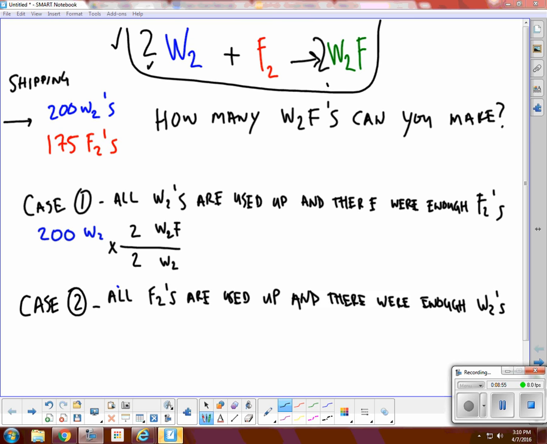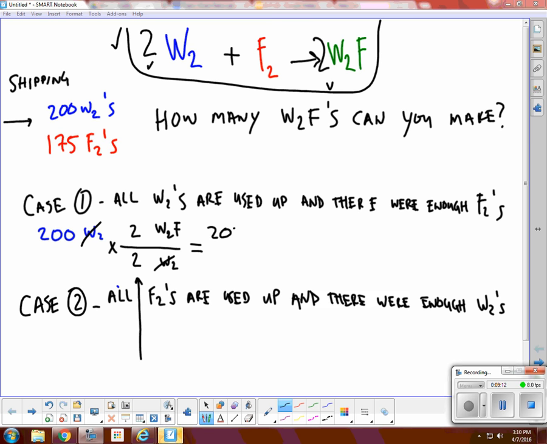So if we have 2 packs of wheels, that's like 4 wheels. If you have 4 wheels, you can make 2 bikes. So that's where this ratio comes from.